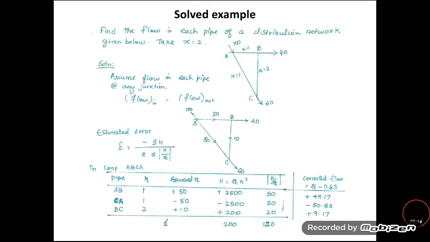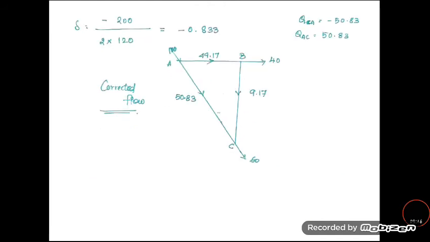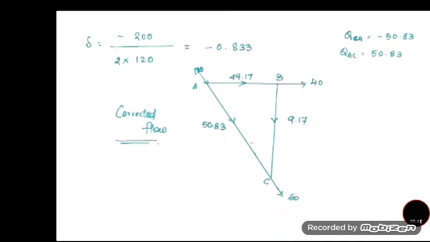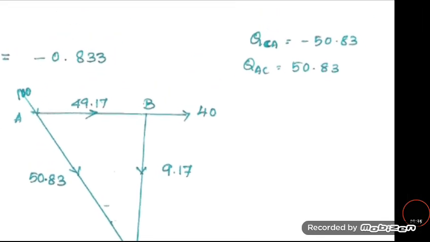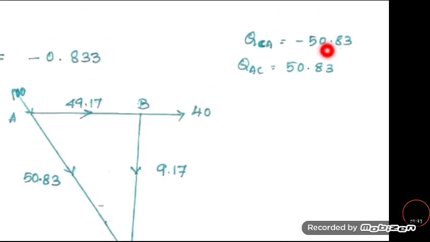After correcting the flow, the diagram has been redrawn: in the pipe AB it is 49.17, and in the pipe AC it is 50.83. Here the Q value of CA is minus, that is, for pipe CA it is minus 50.83.